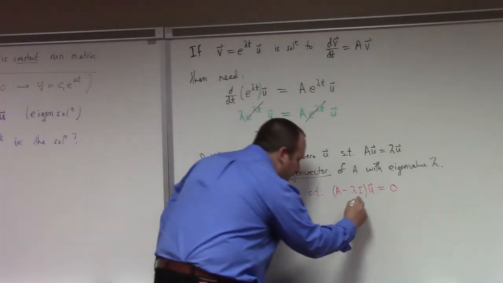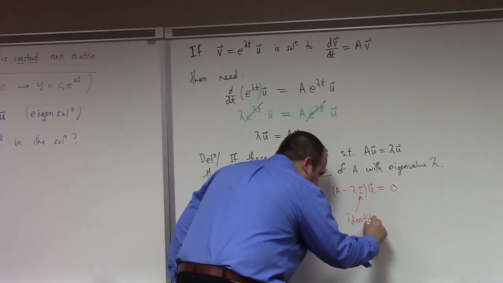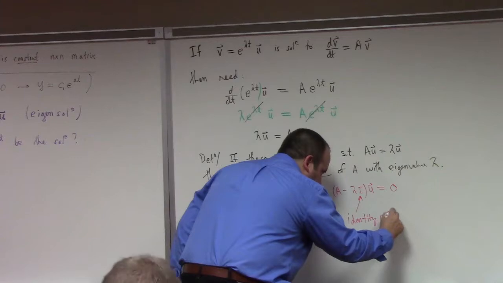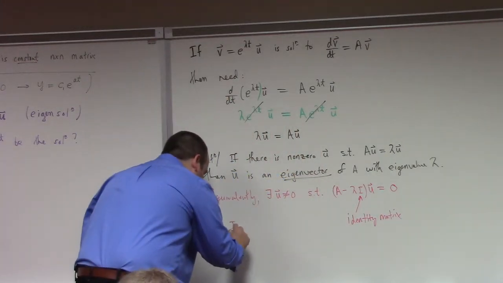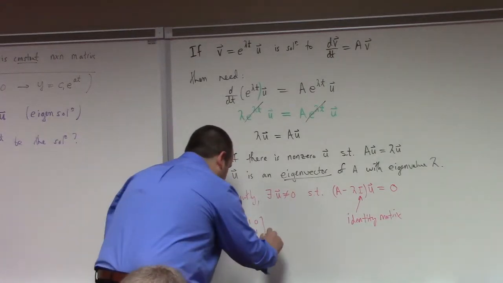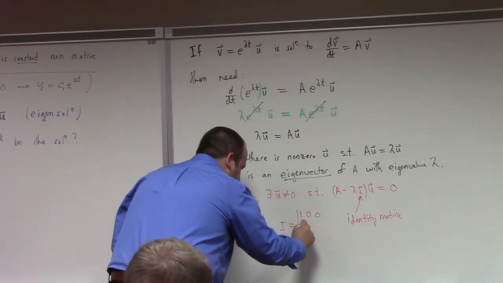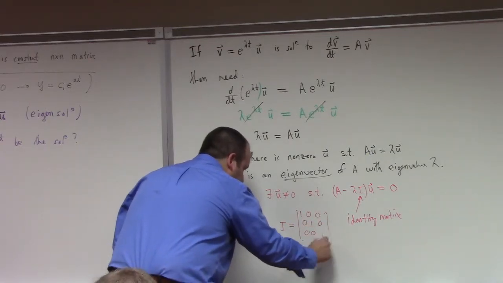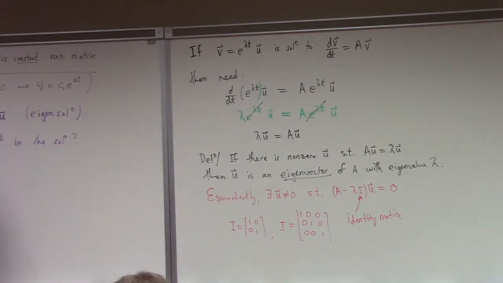Here, this is the identity matrix. So it could be 1, 0, 0, 1 for the 2 by 2 case. For the 3 by 3 case, 1, 0, 0, 0, 1, 0, 0, 0, 1, etc. The identity matrix is such that everything is 0, except for the diagonal entries, which are all 1.